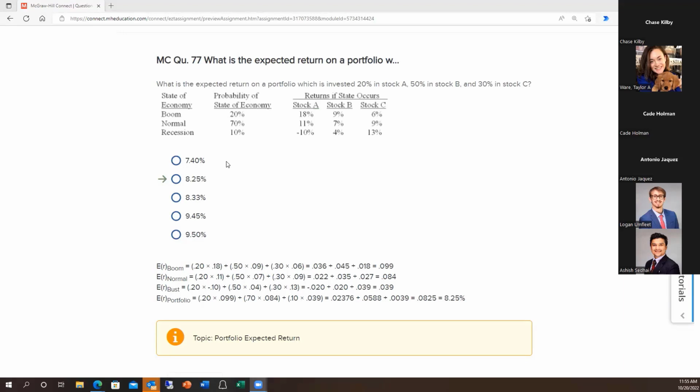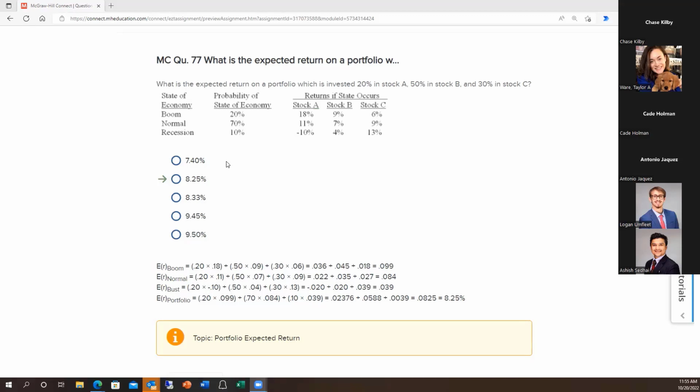Questions? We will get the same number if we would do, instead of the expected return of each state of the economy, the expected return on each stock, correct? Yeah, and so in fact, what you could have done is found the expected return on each stock. So let's talk about stock A. It would have been 0.2 times 0.18 plus 0.7 times 0.11 plus 0.1 times minus 0.1.